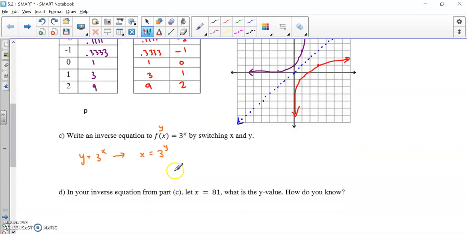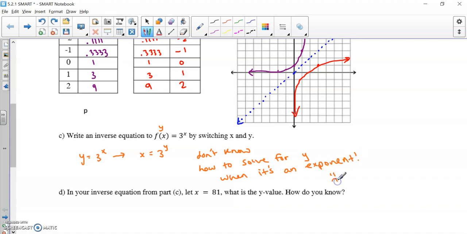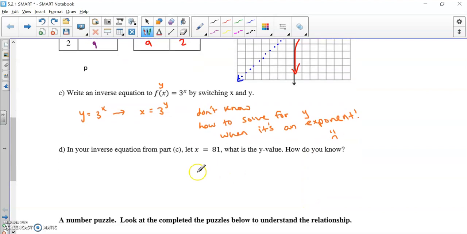We can't do this at this point; we don't have the knowledge to do it yet. But we will be learning how to do that. By the end of this lesson, you will know how.